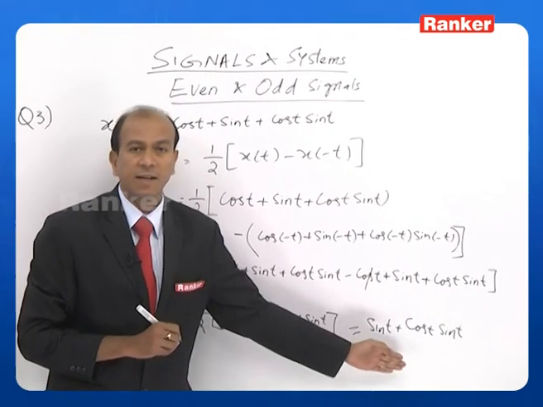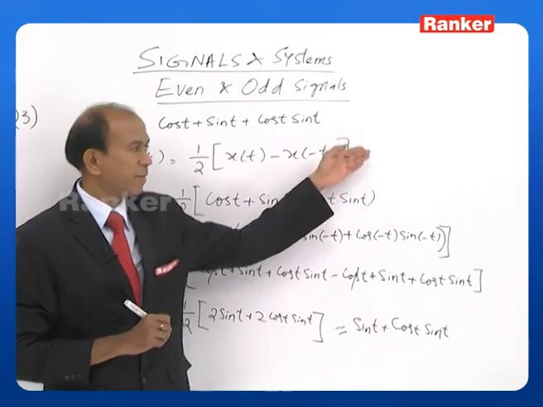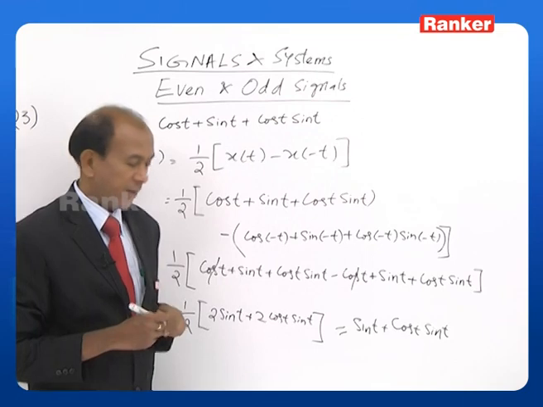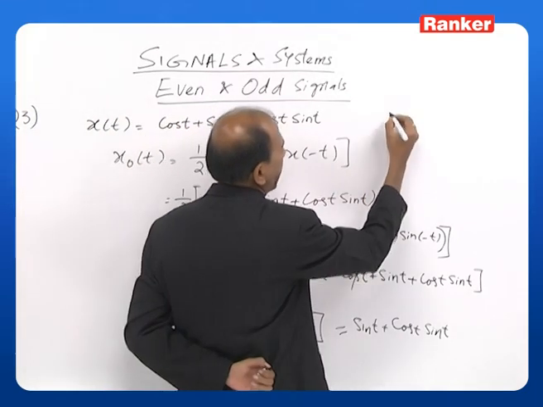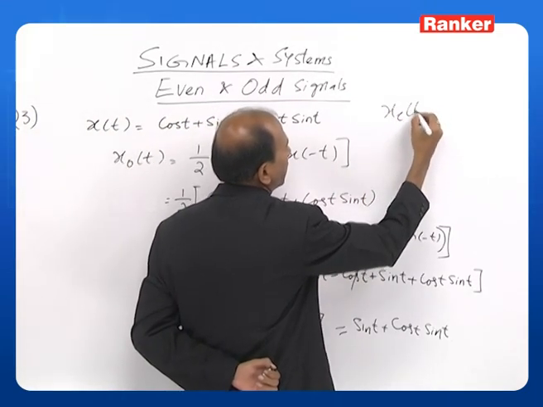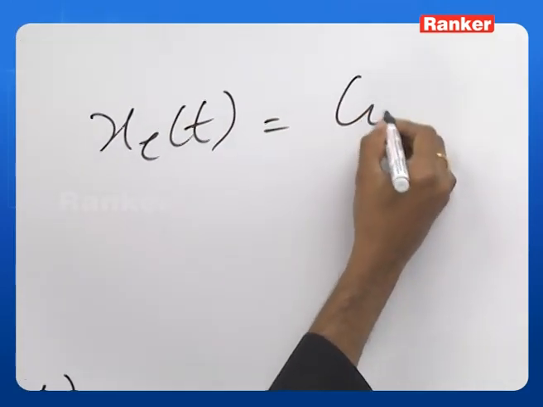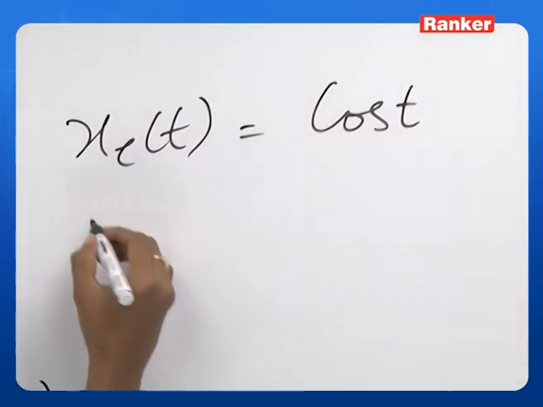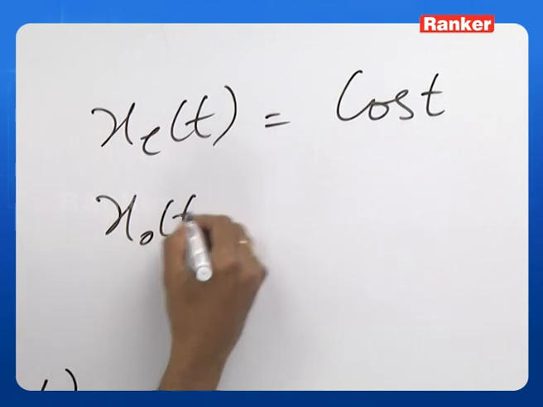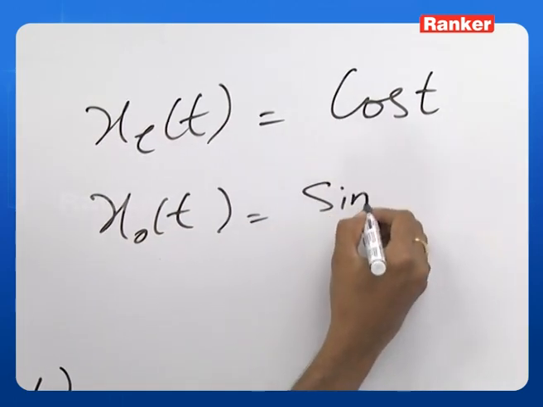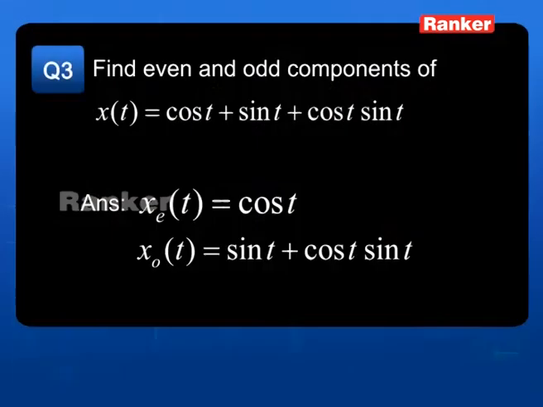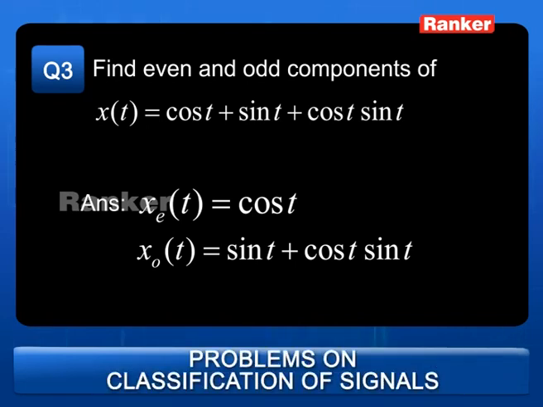So, this is our odd component. Let us summarize them and write both of them together. What is x_e of t we got? We got cos t, and the odd component x_o of t we got as sin t plus cos t sin t.